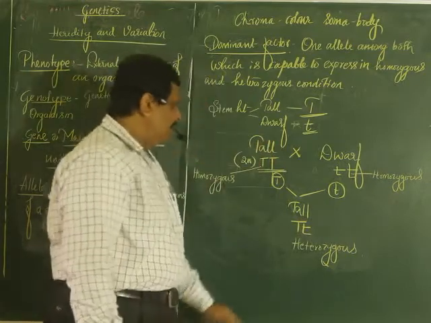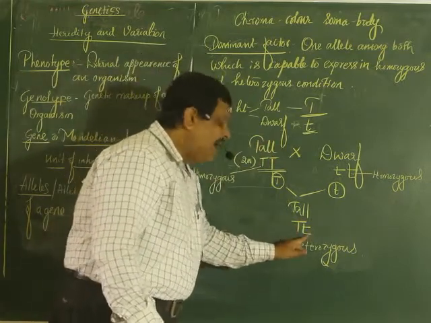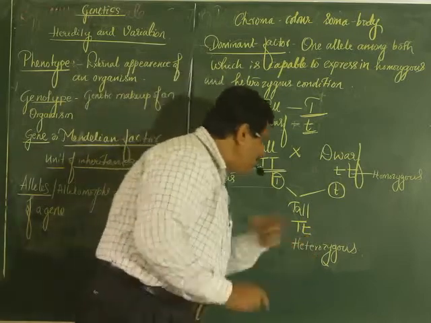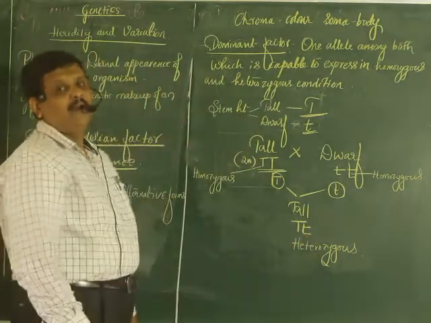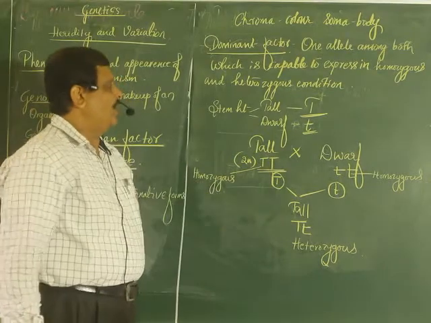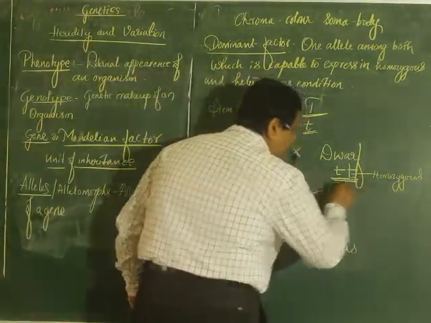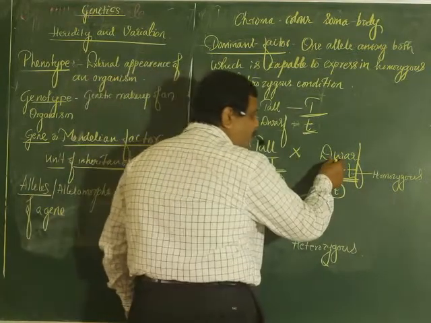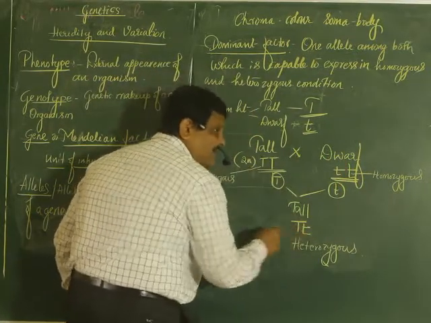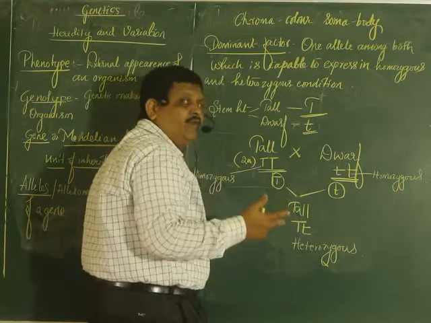Heterozygous means if one allele is capital T, another is small t, then also the plant will be tall. But here it's not the case when there is a small t, the plant will be dwarf. But when there is a capital T and small t, the plant is not dwarf, it is tall.